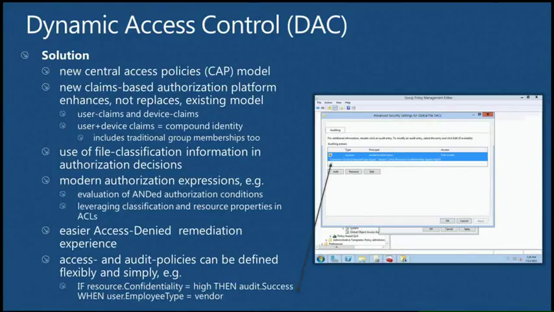Now, the auditing mechanism is improved by using these upgraded ACLs that have more than SIDs in them, all right? So an audit infrastructure is typically through a SACL. The SACL also has this upgraded policy, if I may say so, where I can say audit only if a resource is marked sensitive, or audit anything that is accessed by an employee that is not a full-time employee.